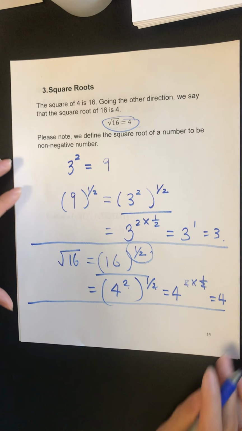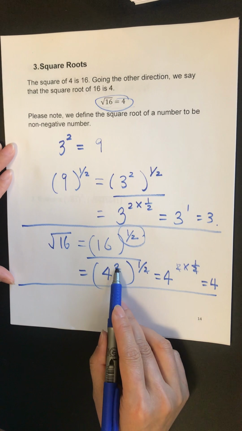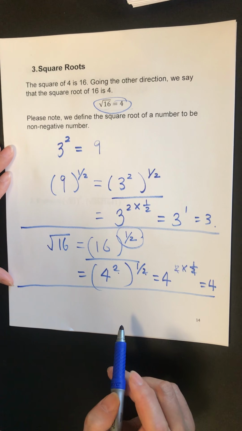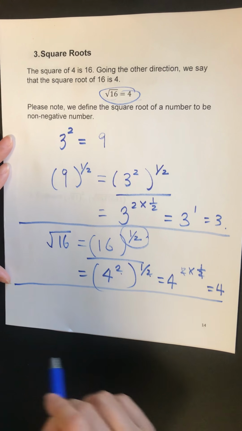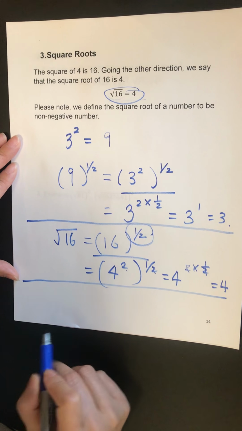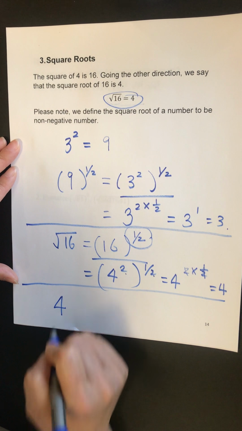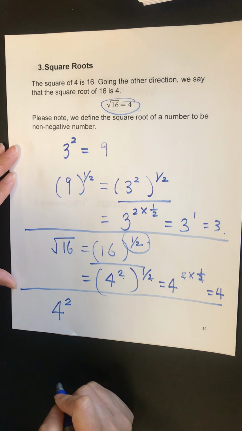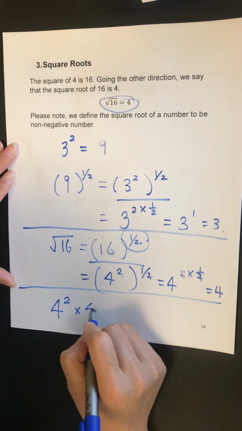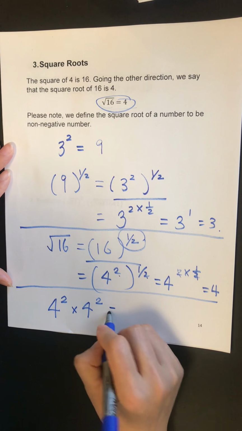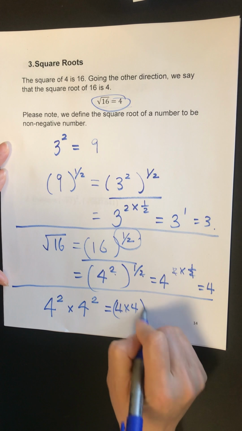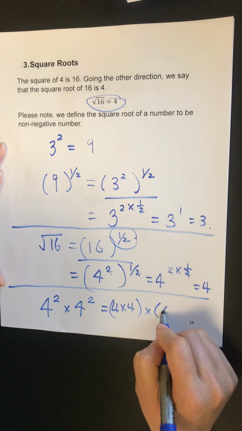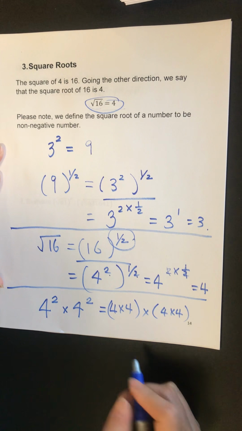One thing I want to stress here is we did multiplication of the 2 exponents. Under what condition do we do addition? We just want to distinguish the 2 cases. If we have 4 squared multiply 4 squared, this one is 2 4s multiplied together, and this one is also 2 4s multiplied together.